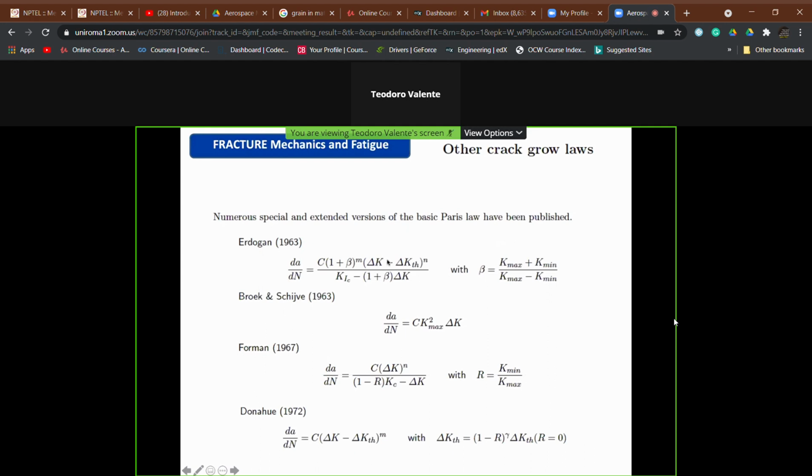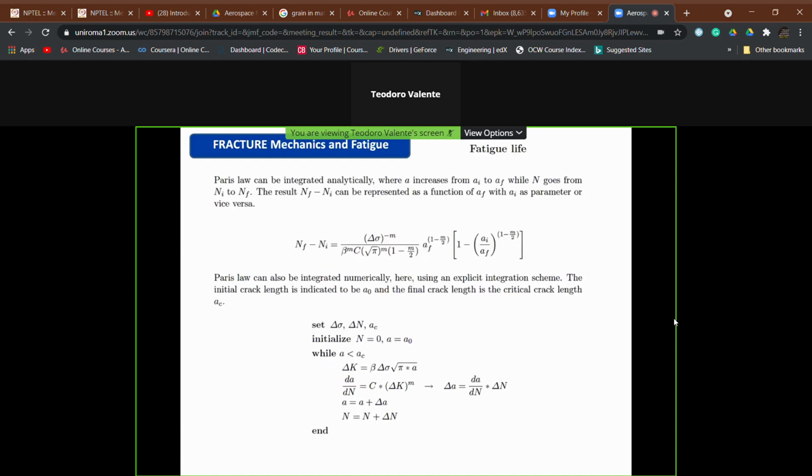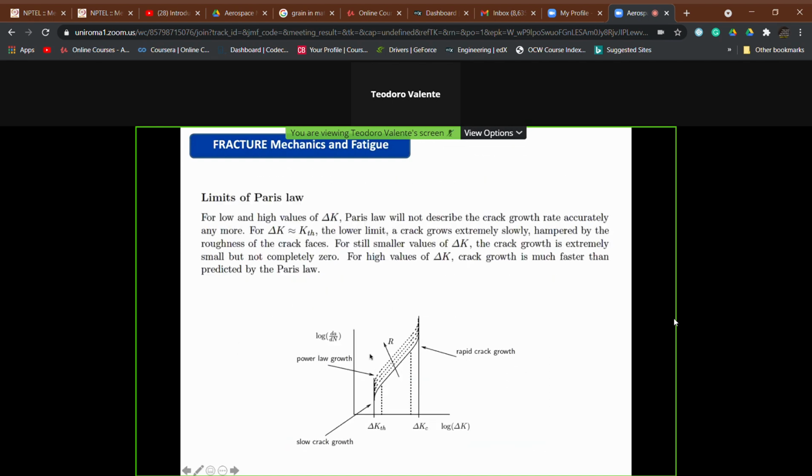Here the meanings are those we have already discussed. Beta is again epsilon, that is the geometry factor in the general formula of the stress intensity factor. C and M, and in this case we have two exponents, M and N, plus C. K_1C is, in mode 1, the fracture toughness of the material. Delta K threshold is the delta K that we have seen on this graph here, the threshold.